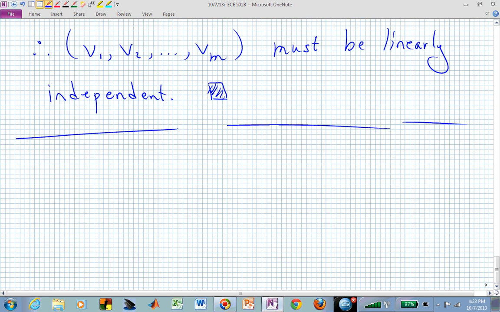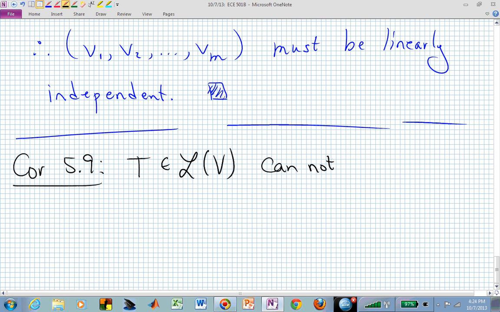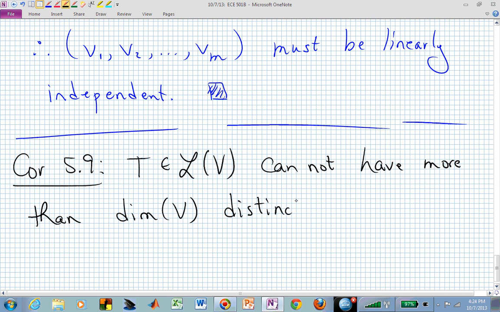From that result, it's pretty quick to state, I'll just state it, I won't prove it, you can look in the book for the proof, corollary 5.9. This says if we have a linear map, T, then that linear map cannot have any more than the dimension of V distinct eigenvalues.